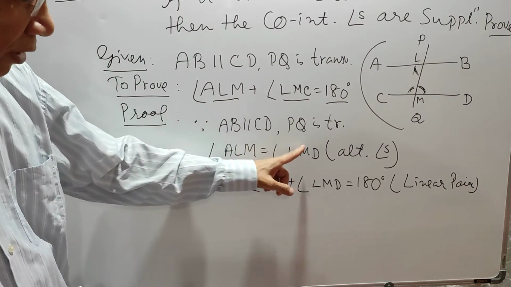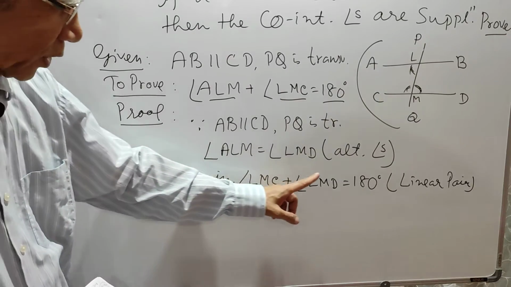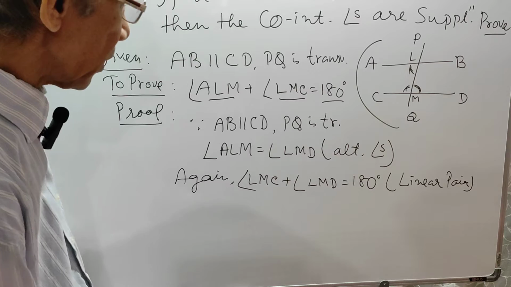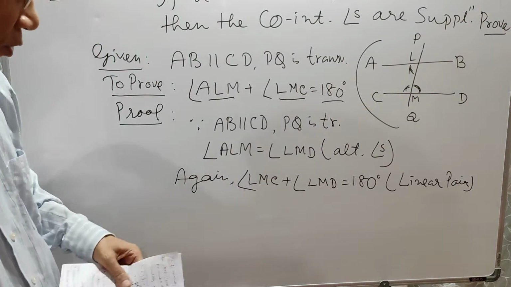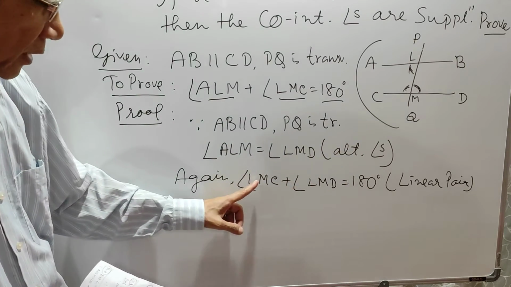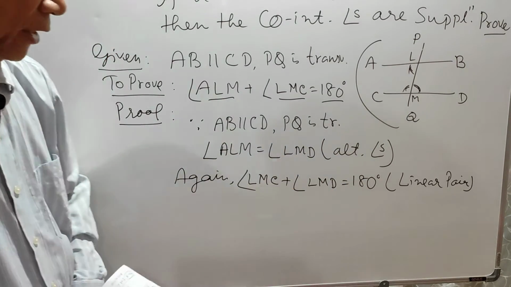So these two are equal because they are alternate angles, and the sum of these two is 180 degrees, linear pair.